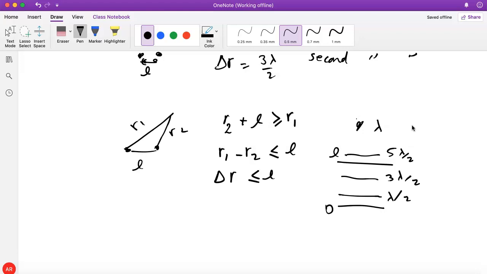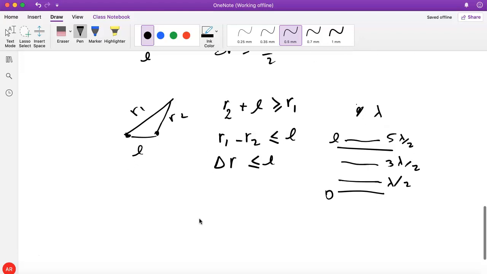So basically we need to find the largest odd integer m such that m times lambda over 2 doesn't go over L.